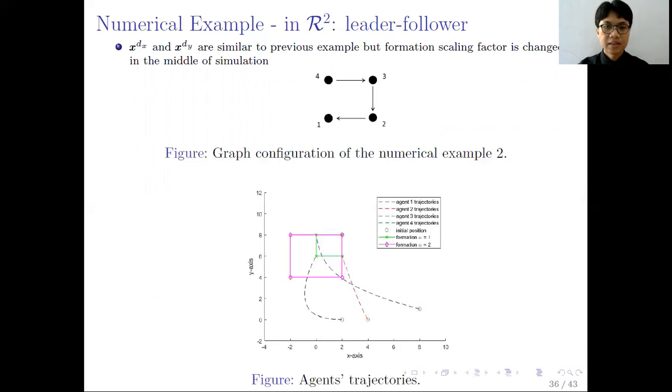And we see here the agents' trajectories. Agents form a square formation, and the first formation has alpha equal to 1, or the formation scaling factor equal to 1, and the second formation scaling factor is 2, and this is done by changing the initial states of the estimator for agent 4.